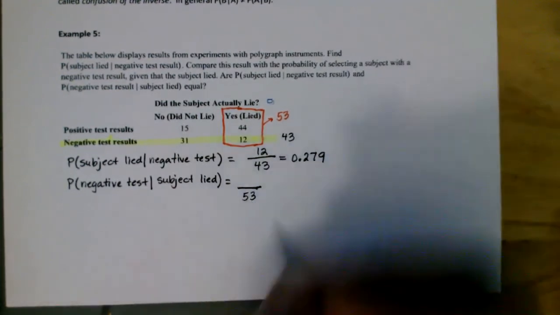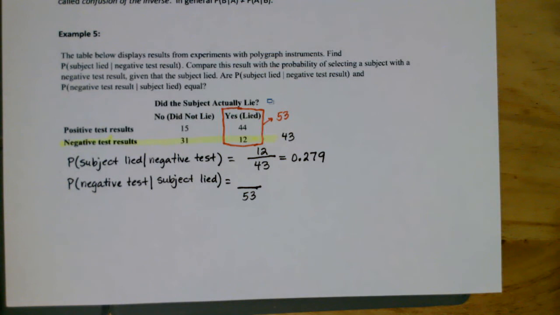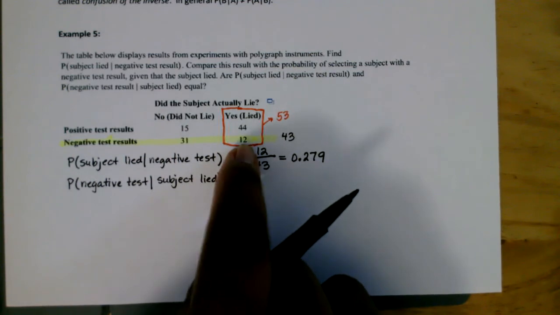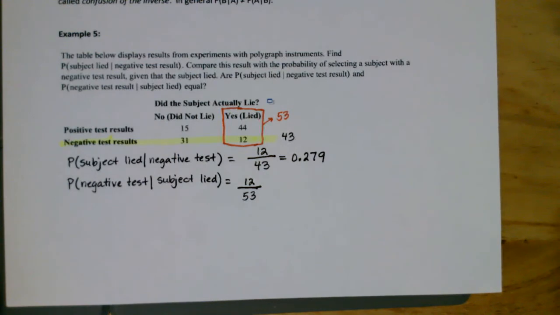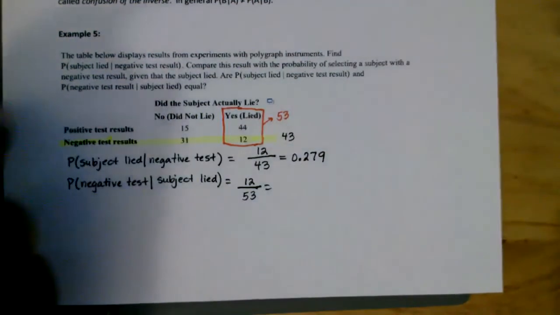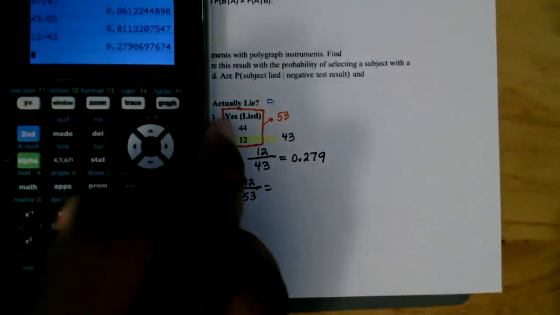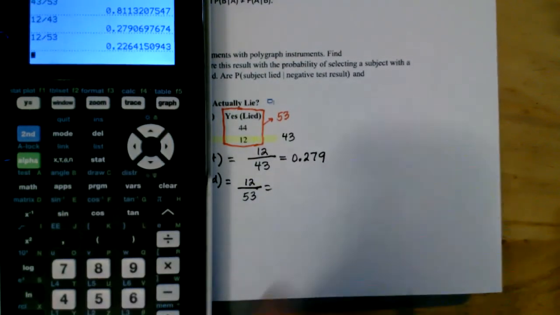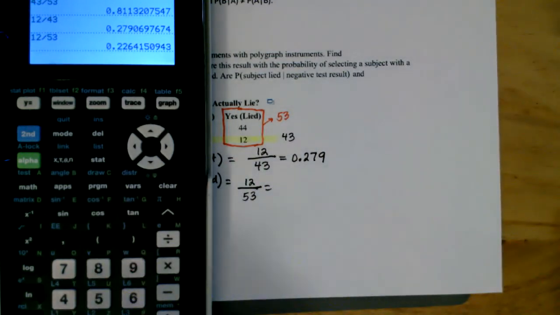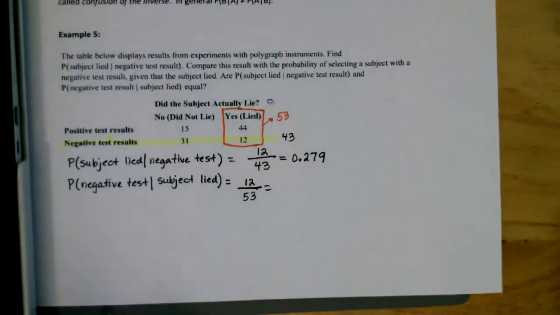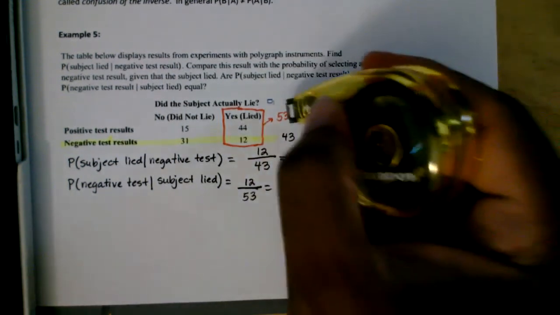That would be in the denominator. Out of the 53 subjects that lied, how many negative test results were there? That's 12. So if I do 12 divided by 53, I get 0.226. Okay, I made a mistake here. 44 plus 12 is 56, not 53.